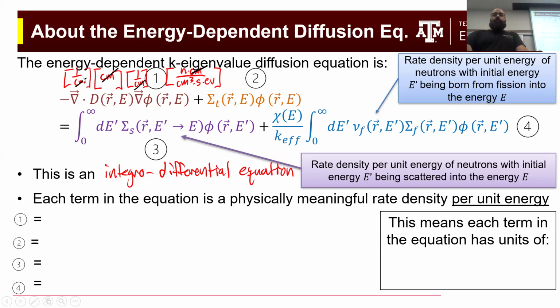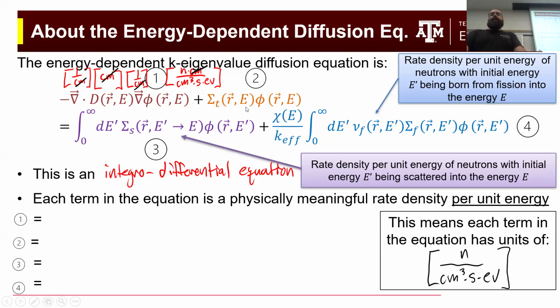Notice that this first quantity overall has units of neutrons per unit volume, per unit time, and now also per unit energy. And that's really what we would see for every term in this equation: it has units of neutrons per unit volume, per unit time, and per unit energy.